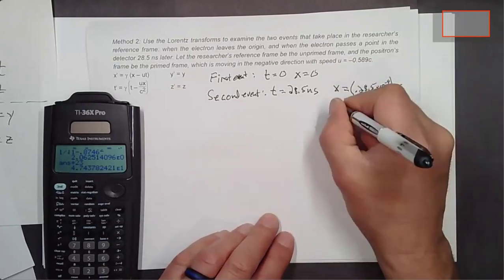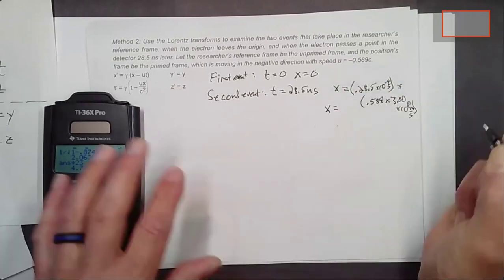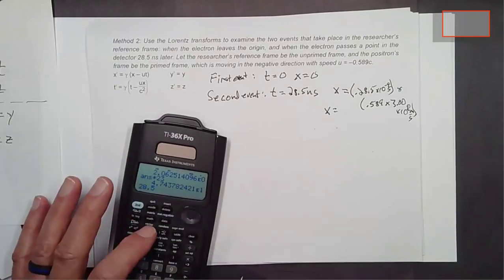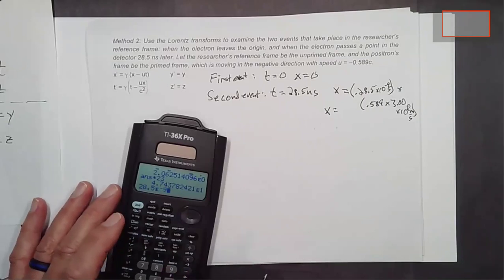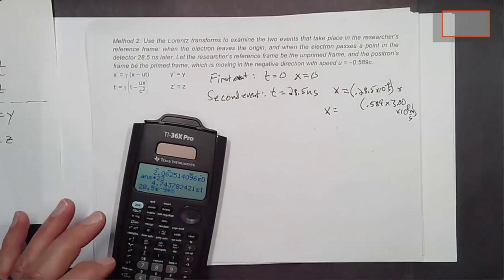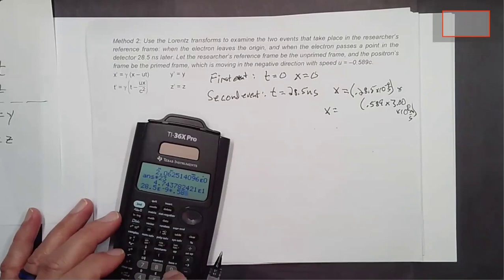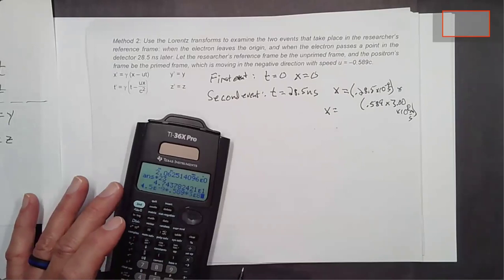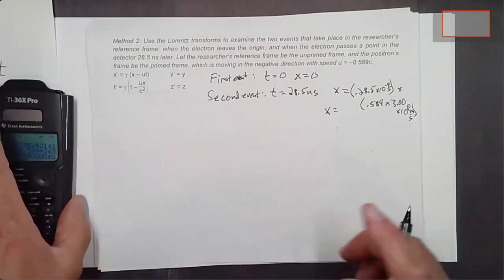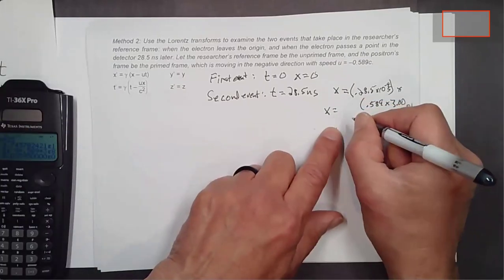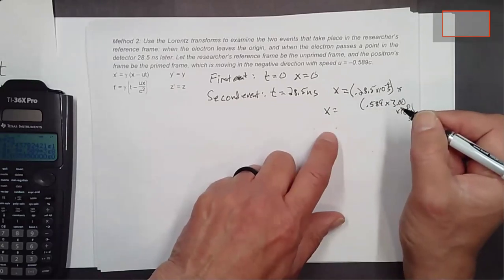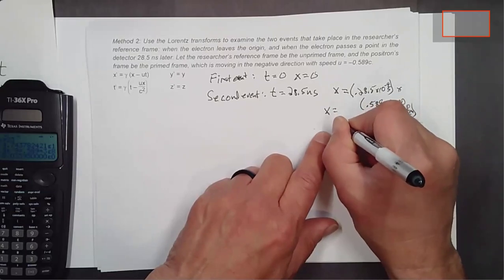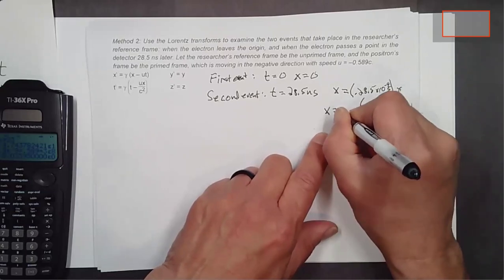And so this x value is going to end up being, with only 3 sig figs, 5.04 meters.